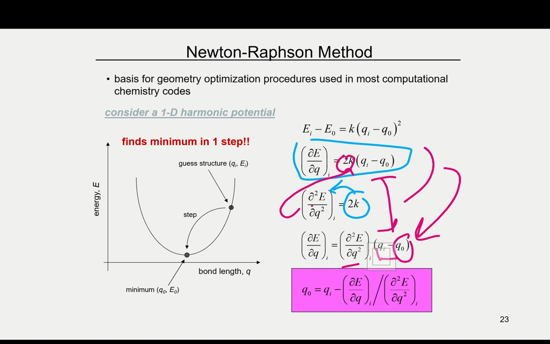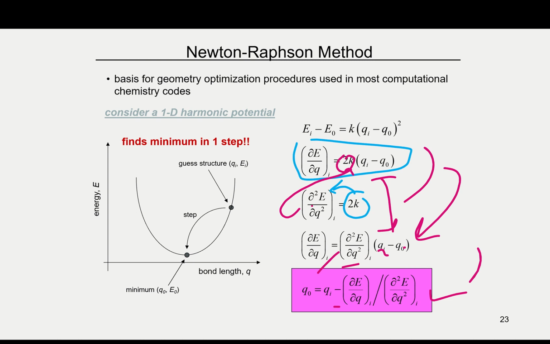You can take this Qi to the other side, and it becomes Qi equal to Q naught minus the first derivative, and you divide both sides by delta squared E divided by delta Q squared. When you do it, you will get this one. Clear? I hope this is not difficult.